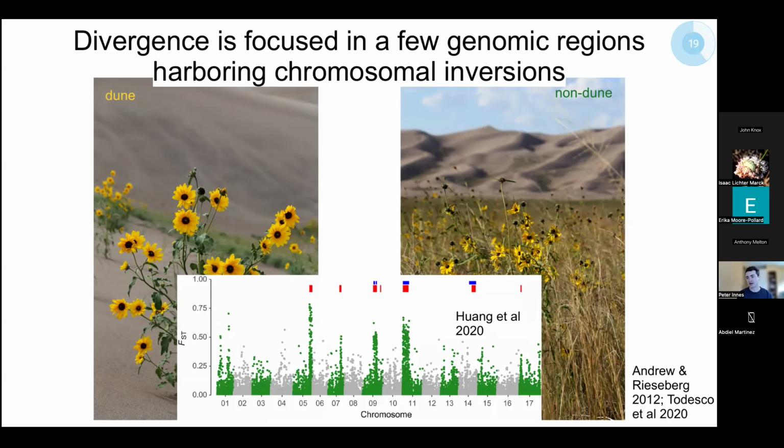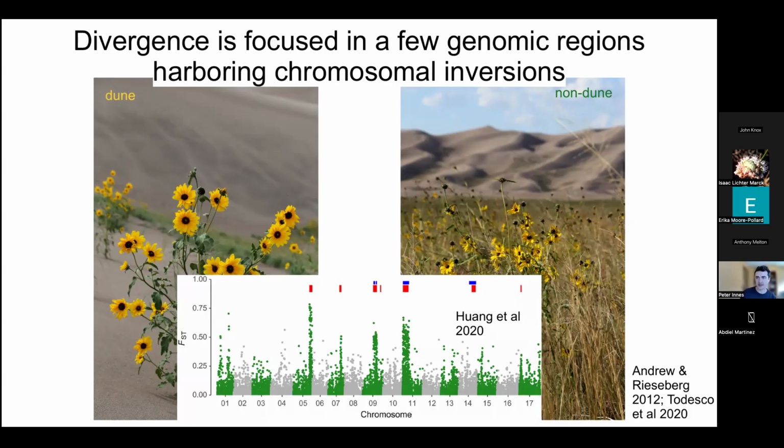At the genetic level, divergence is highest in a few regions which are known to harbor chromosomal inversions, as shown in this FST scan here, with the red blocks showing inversion regions.